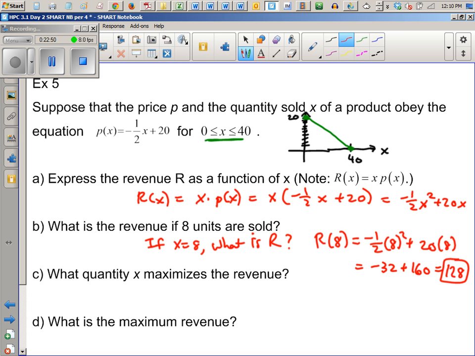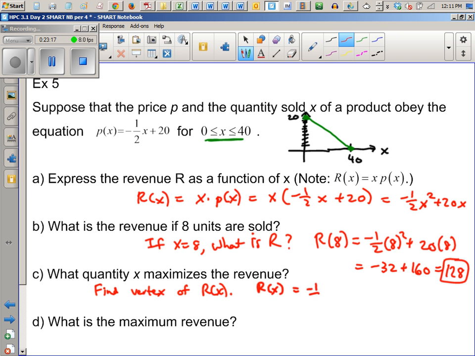What quantity x maximizes the revenue? Sounds like a vertex question to me. Right? Just like the area of the dog pen. Okay, so we're going to find the vertex of R of x. Anytime a maximum is mentioned, you could probably just think vertex in a quadratic situation, right? Okay, so let's put our R of x in standard form.